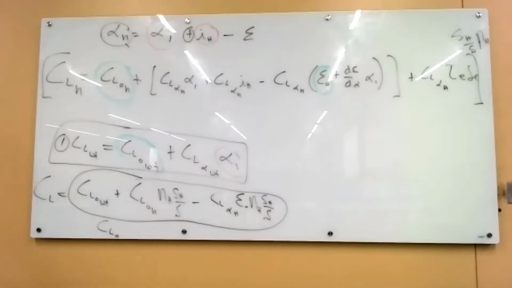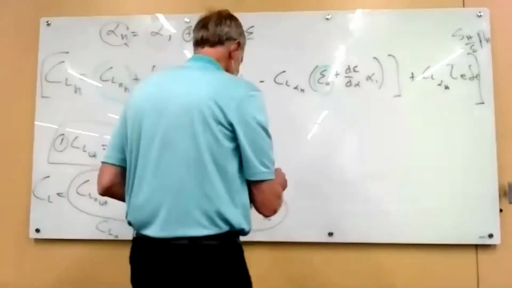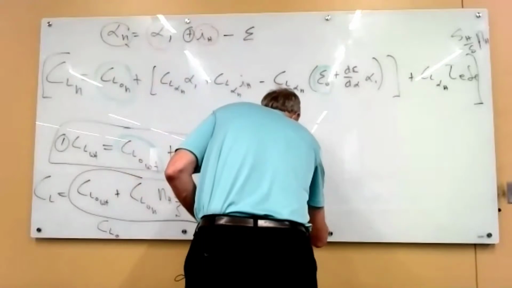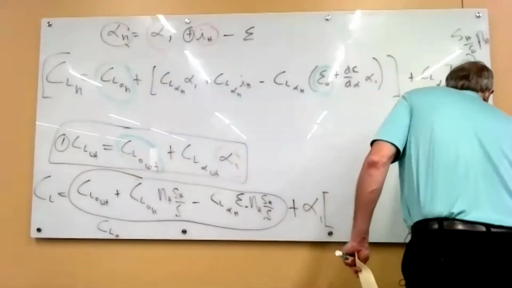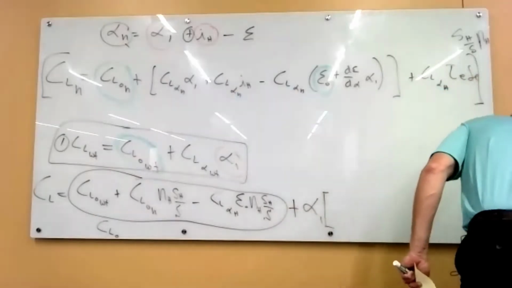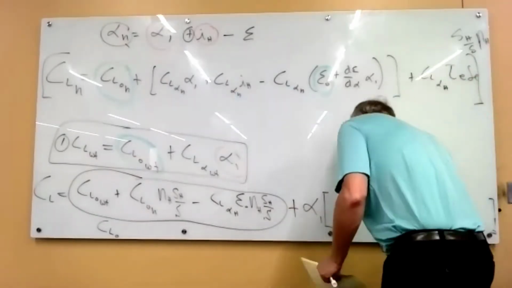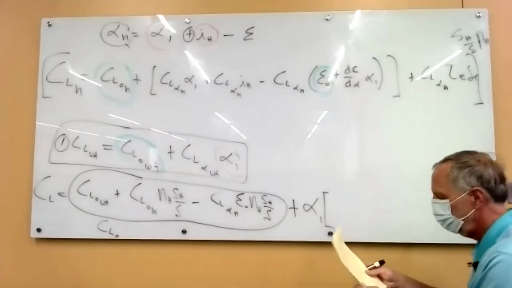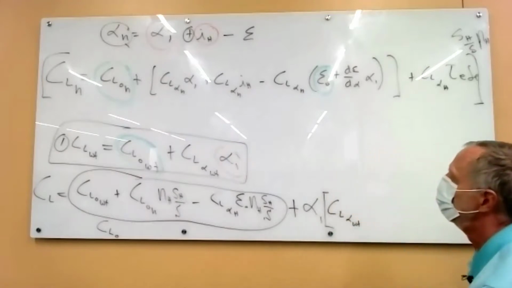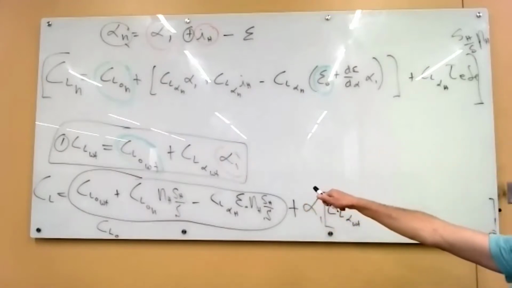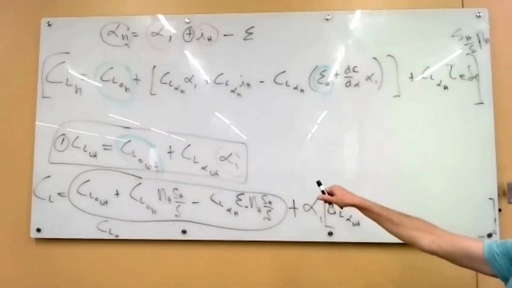All right, so now we grab the red terms. And those all multiply alpha. So let's grab them all, see if we can squeeze them into this bracket here. I'm going to sit down so I can better squeeze the terms. So that's CL alpha wing fuselage. That's the red term on the bottom.